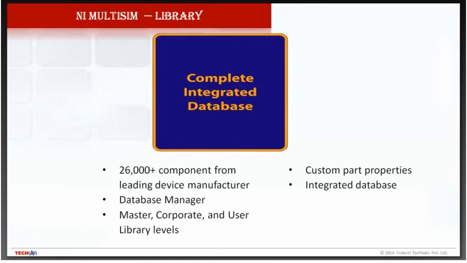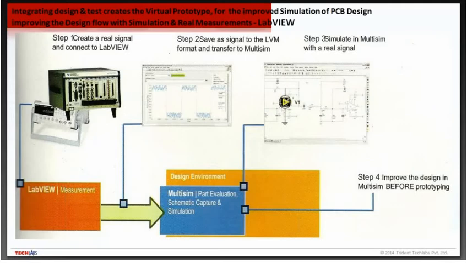For a complete design, I'd mention one extra feature. In simulation software, the sources and components are mostly in the software libraries, like an ideal model, but we can also import real-time signals into the Multisim simulation software, for example from LabVIEW.